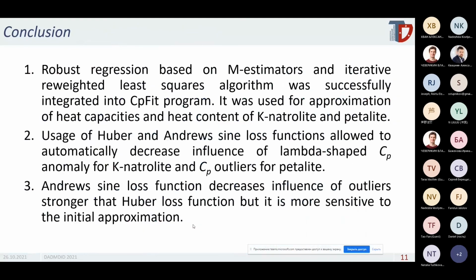So the conclusions are present on this slide.